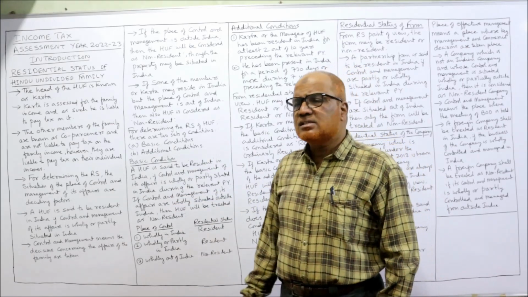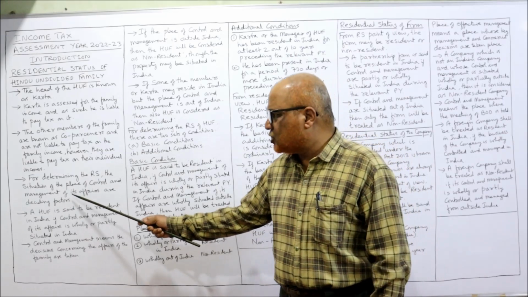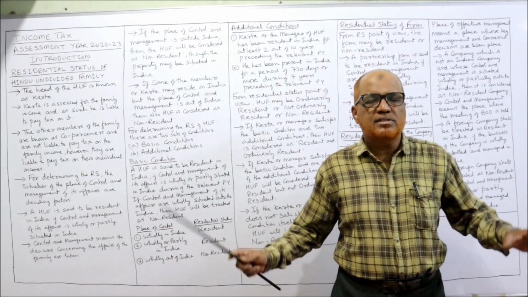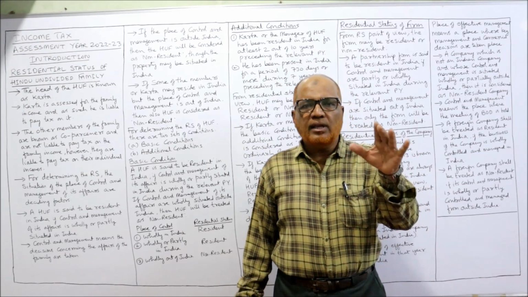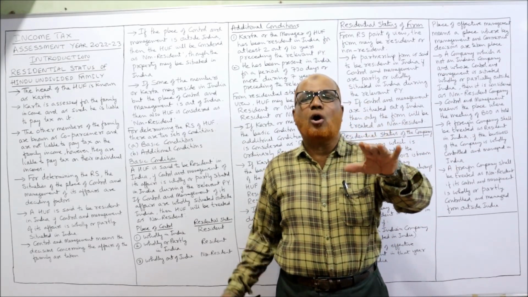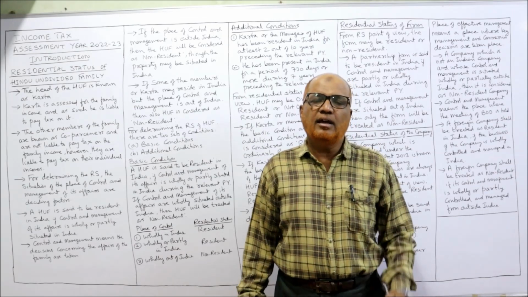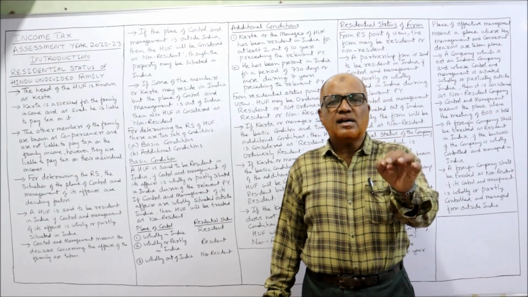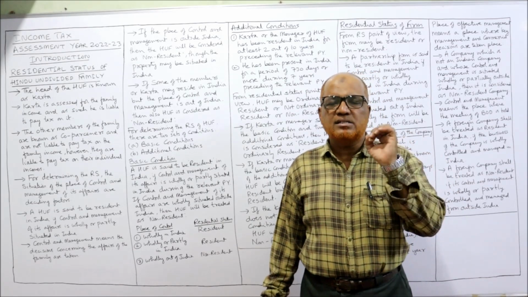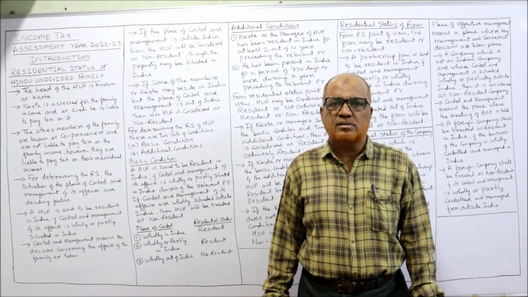For determining the residential status, the situation of the place of control and management of its affairs is the deciding factor. See here: in case of an individual, to find out the residential status, we have to see how many days the assessee stayed on the land of India. But in case of HUF, the deciding factor is management and control of the business.